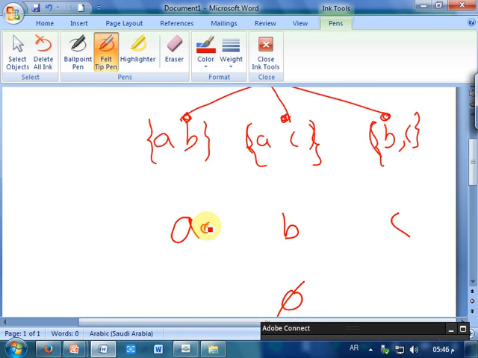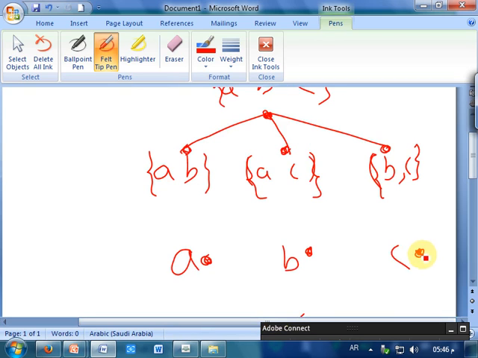Now C has a relation because there is a C element over here with this. Here also there is a C, so it is related with this.